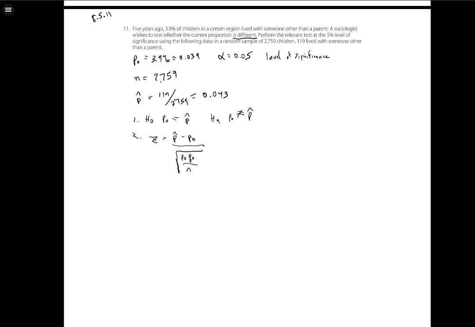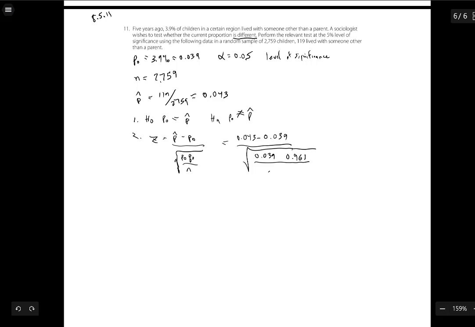So our sample proportion is 0.043 minus our null, or original, proportion, divided by the square root of 0.039 times 1 minus that, or 0.961, divided by 2,759.